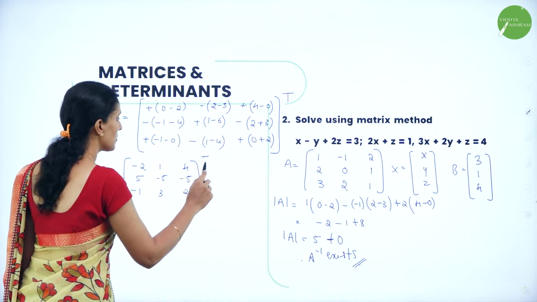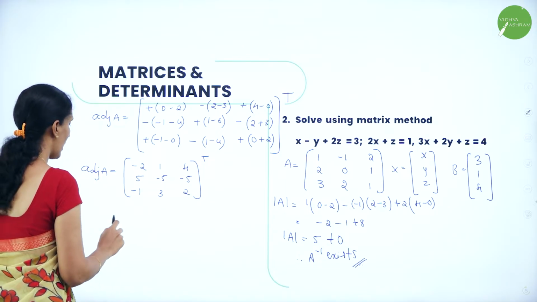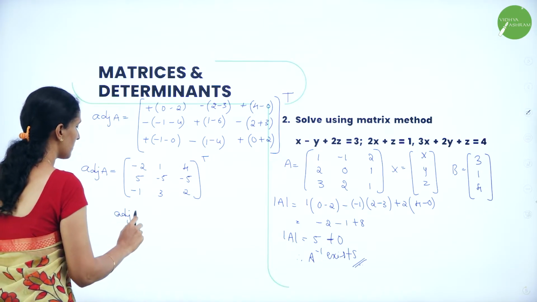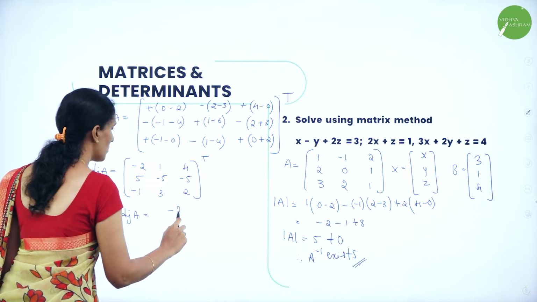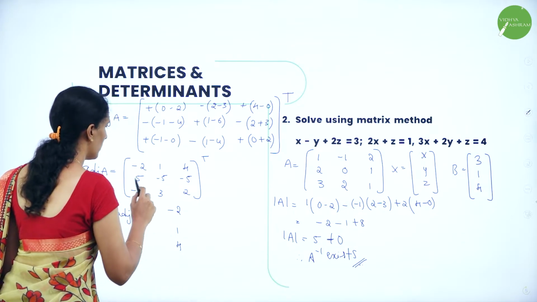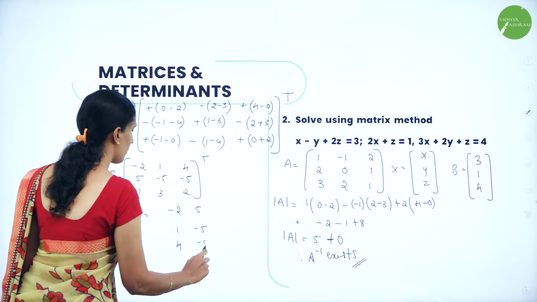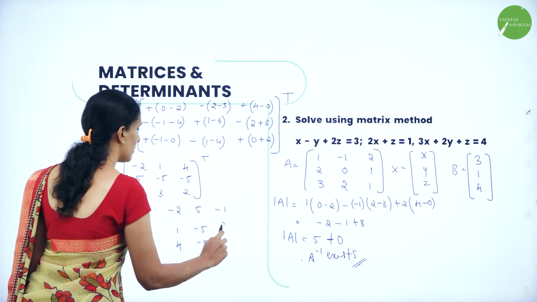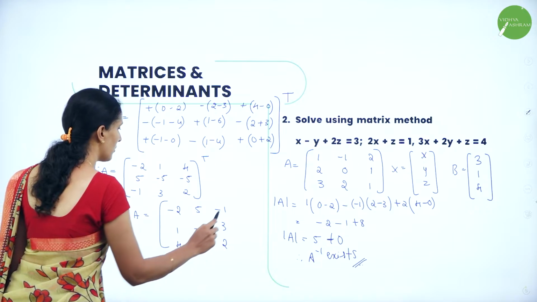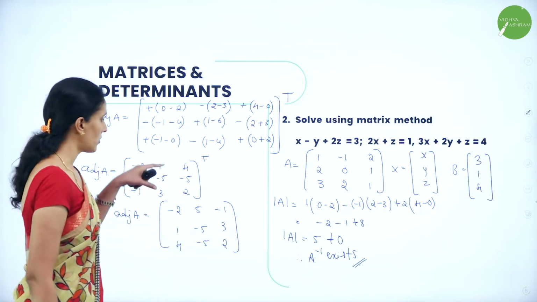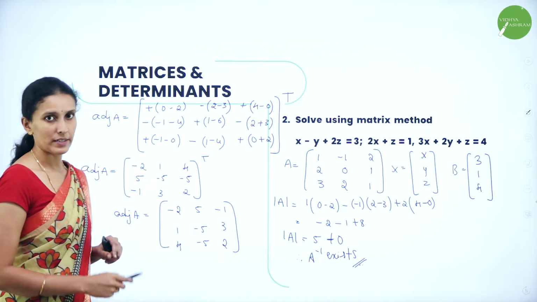So take the transpose of this matrix. So the transpose of this matrix is minus 2, 1, 4 and here you have 5, minus 5, minus 5, minus 1, 3, 2. So this is the adjoint A, the transpose of the cofactor matrix.